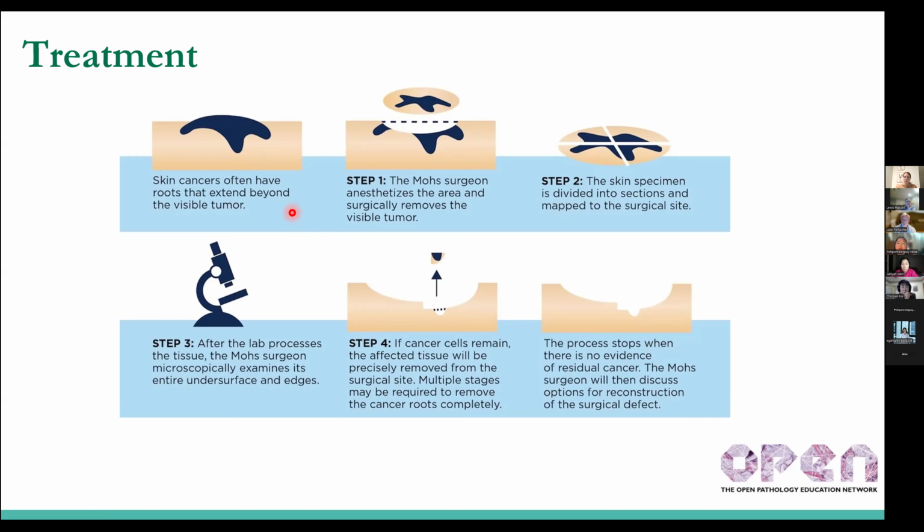And if there is positive tumor margin for that section, they will resect that tumor again. And so this process continues until the pathologist does not see any more tumor in the resected margins. So simply, that is Mohs micrographic surgery, and that is why it has a lower recurrence rate.